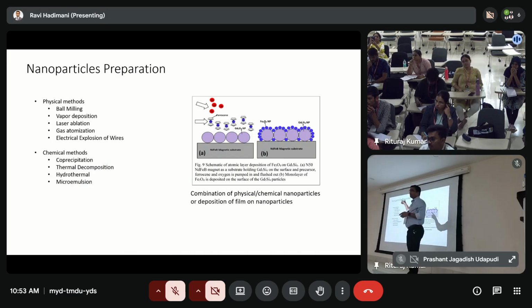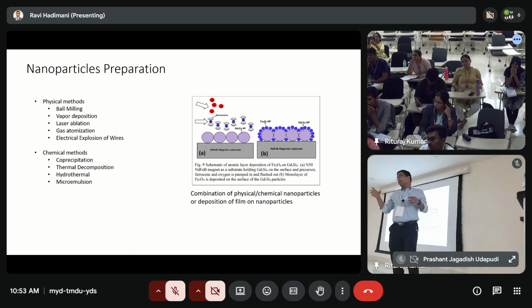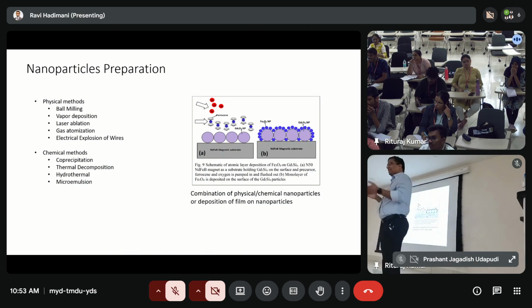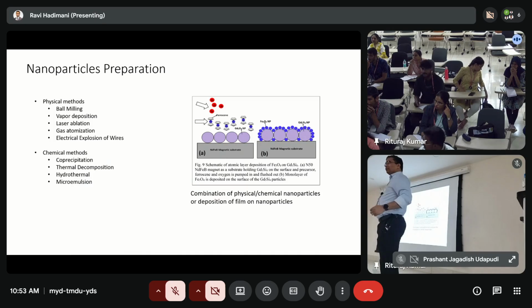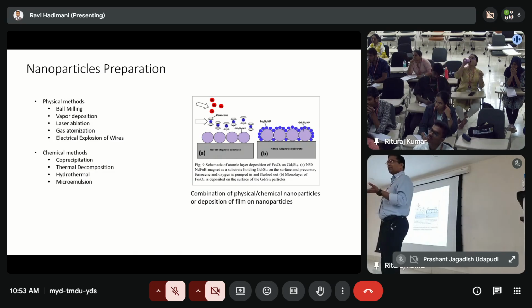Ball milling is my favorite, which is a mechanical engineer's favorite. You just use high energy ball mills, and run them for a long time at very high speed, and you get nanoparticles. But a lot of them will be amorphous because the ball hits so much, the energy is so much.